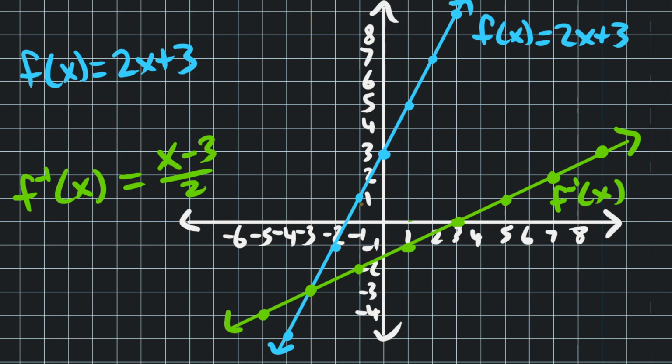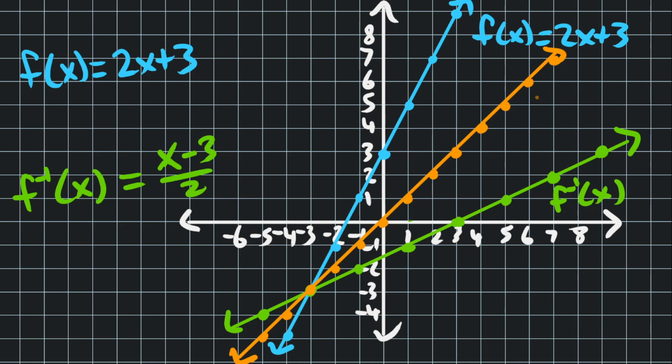And another effect that this has, whenever you graph a function and then you graph its inverse function, is reflecting the function across the identity line. So let me draw and explain what the identity line is. So it goes like this. Let's go ahead and connect all the points of the identity line.